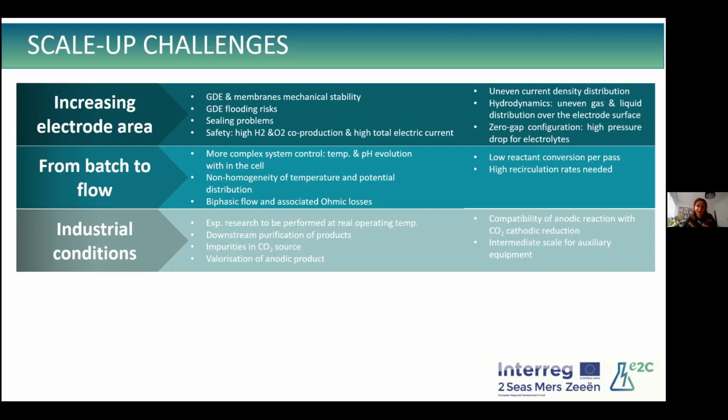And also we cannot forget that the CO2 conversion reaction is only half of the reaction. So we also have to consider the anodic reaction in this case and try to valorize it.